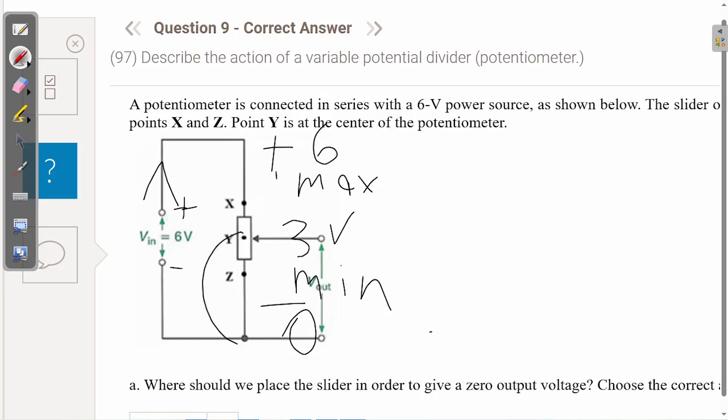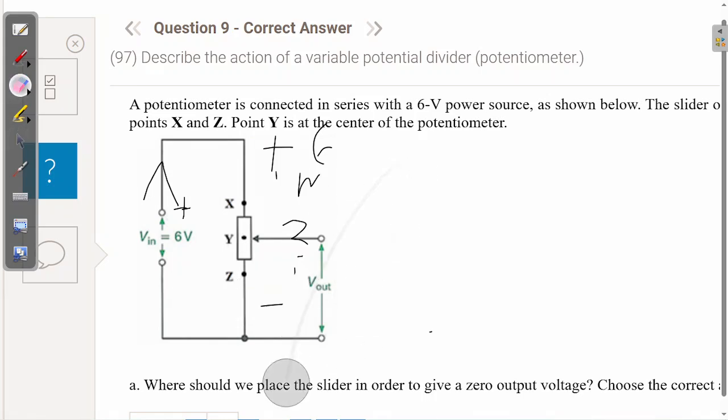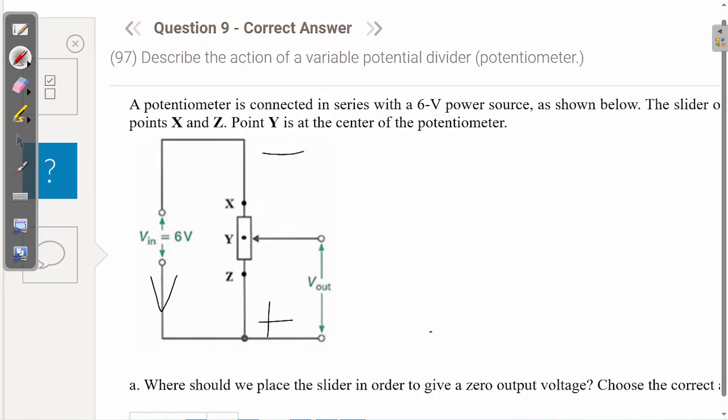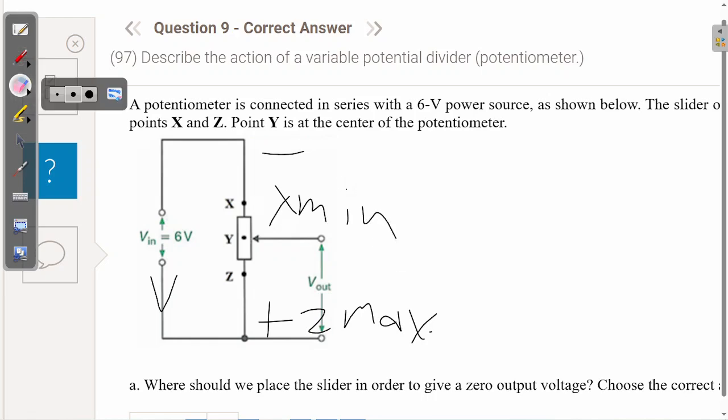So halfway it's going to be 3, like here it's going to be 4, and so on, something like that. Anyway, so those are the answers. And if they told you that it's going down, then this will be the positive, this will be the negative. So Z will be max and X will be minimum. Just keep that in mind.